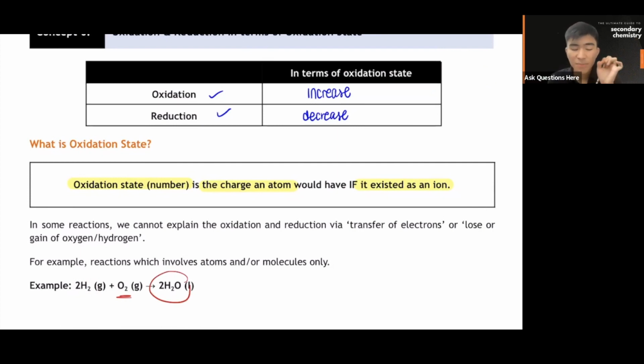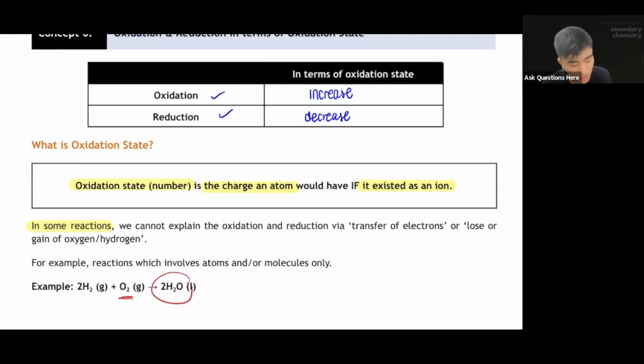Therefore, the most powerful way for us to understand this is through the use of oxidation state. In some reactions, we are unable to explain the oxidation and reduction via the transfer of electrons or the loss and gain of hydrogen and oxygen, for example, reactions that involve only atoms or molecules.